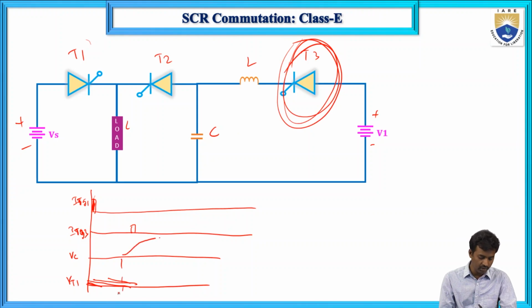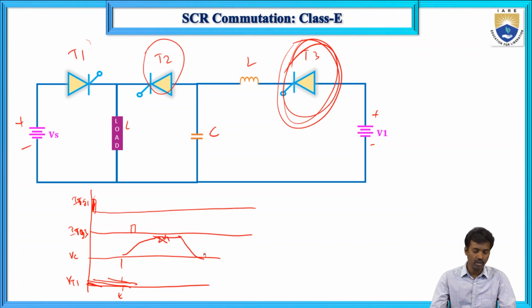At T equals T1 the capacitor is charging, and now it reaches 2V1. When it is turned off, T2 is automatically turned off, and then the capacitor discharges. So it charges and it discharges.